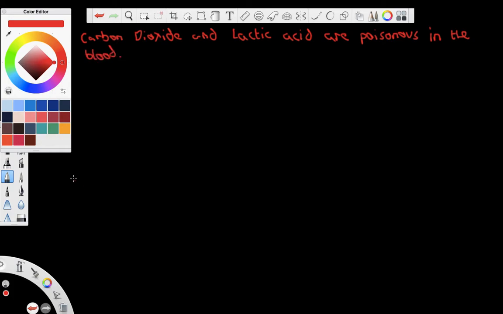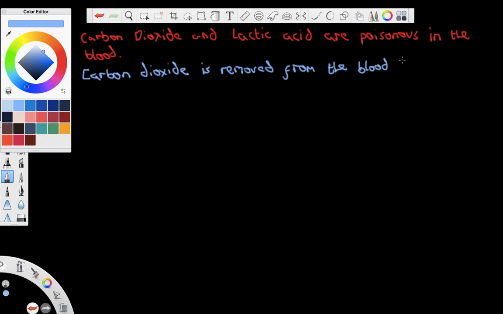Now, carbon dioxide is an easy one to get rid of, okay? We can say that carbon dioxide is removed from the blood by the lungs and exhaled out.